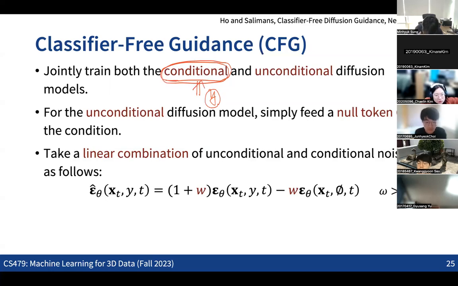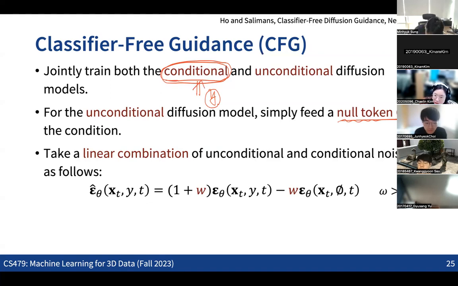And for the unconditional case, we just use a special class label, which indicates that this is the unconditional generation case. Let's say you have indexes for the classes, starting from 1, 2, 3, 4, like 1 is for the dog, 2 is for the bird, 3 is for the cat, 4 is human, whatever.